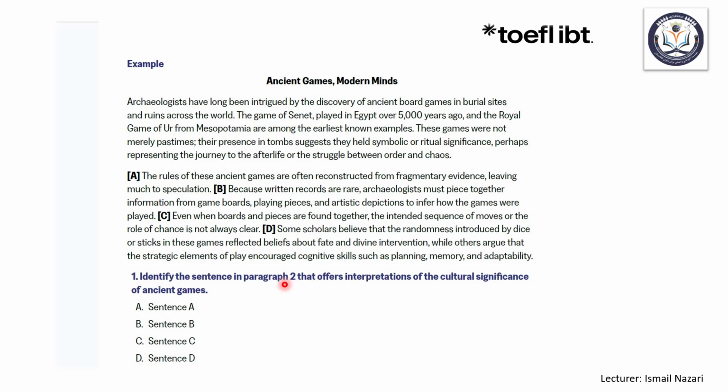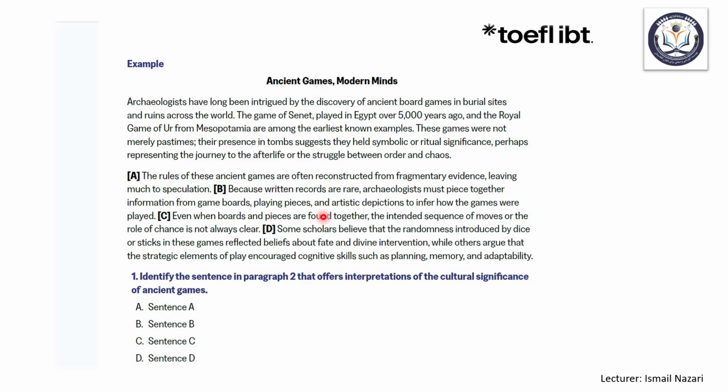Based on paragraph 2 here, how many sentences do we have? 4. A, B, C, and D. Look, in sample guides we have these A, B, C, and D, but on the real test we will not have them. It will not be marked using A, B, C.